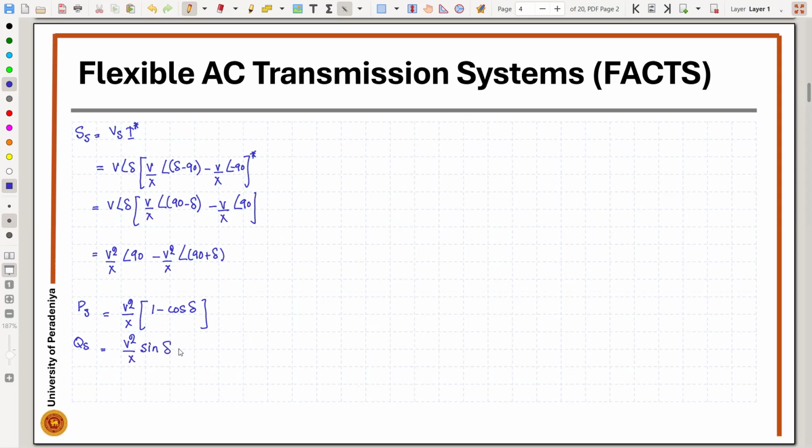So these are the sending end and receiving end powers that we are going to get when we consider a transmission line. So can you plot what would be the active power at the receiving end against the angle?